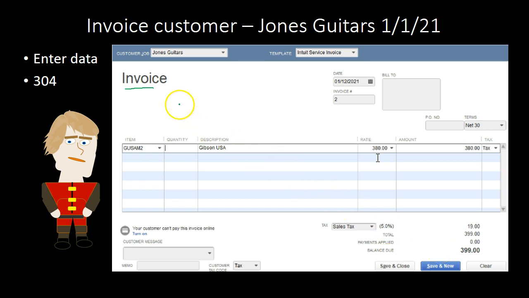Because it's an invoice, we're also going to do something to sales. Sales is going to increase for this guitar, in this case selling for $380. And then we're going to have to do something to the sales tax because we had to apply that. We don't get to keep that $19 of the $399 we got. We're going to have to give it to the state.